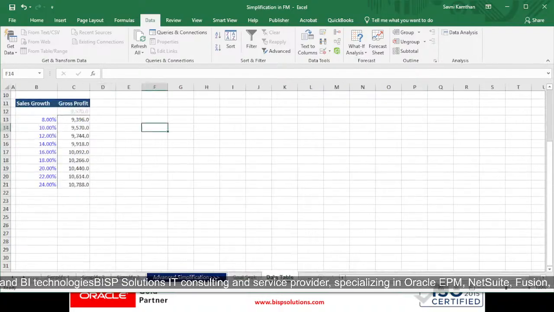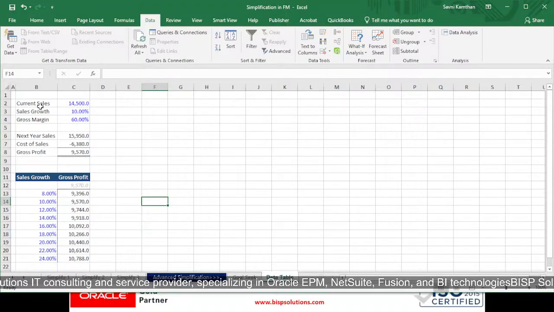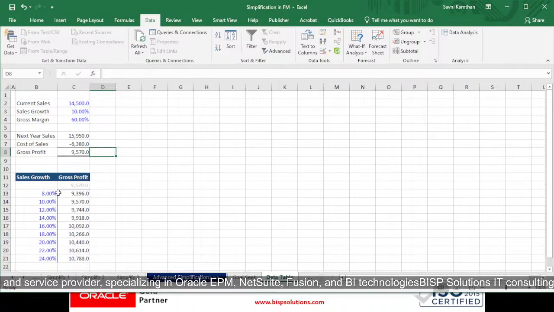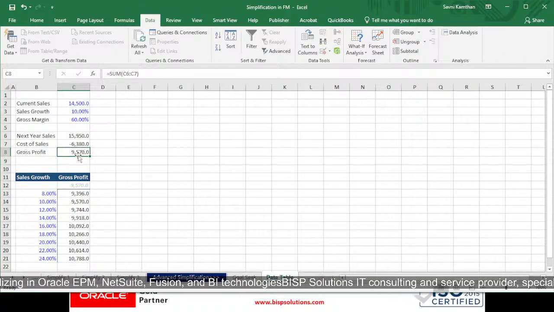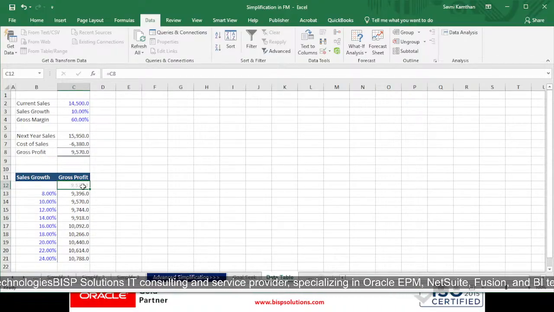Next is our data table, which is used to show how different inputs affect an output. We have taken the same data over here also, and now I have to calculate my gross profit for different sales growth. So I have taken 9570 as my gross profit over here, formatted it in italic, and colored it gray so that it will be shown over here.